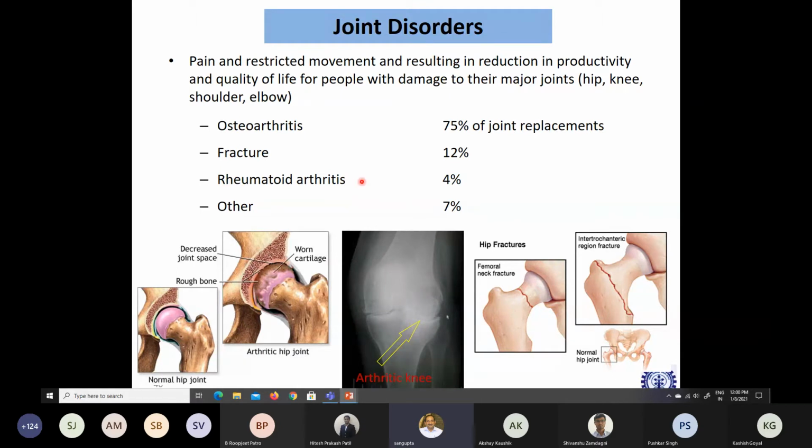Here in the rheumatoid arthritis case, the synovial fluid is heavily affected, and there is swelling in the joint. It needs complete replacements.